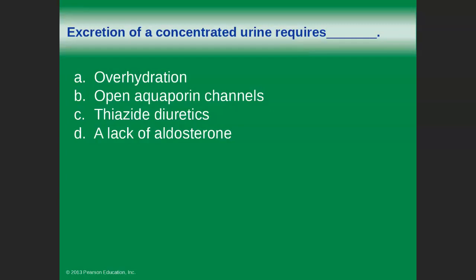Excretion of a concentrated urine requires overhydration, aquaporin channels, thiazide diuretics, or lack of aldosterone. Well, these two really don't have anything to do with concentrated urine. With overhydration, you would get a dilute urine.